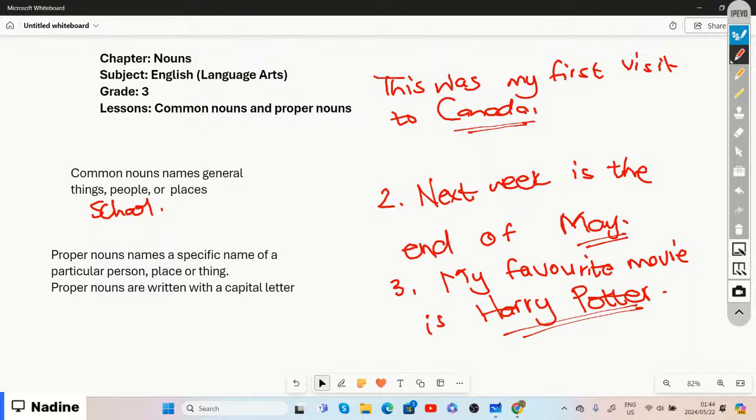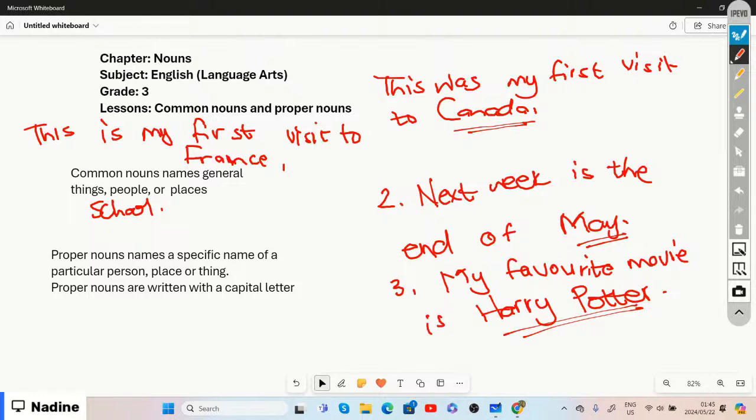And then let's look at the last one. The last one says, this is my first visit, sorry for that, that's a visit to France. What is our proper noun within that last sentence?